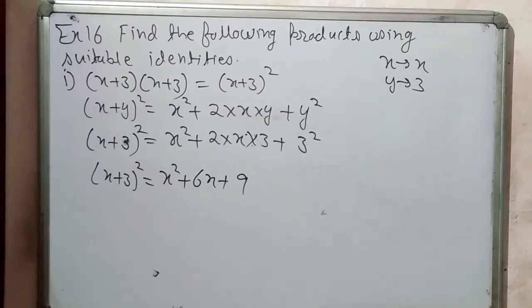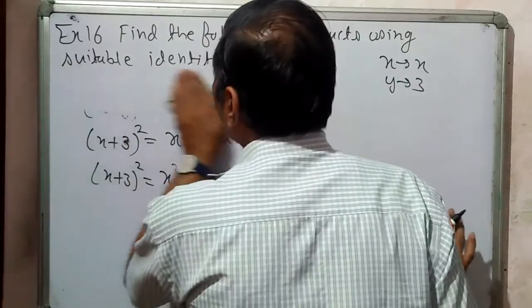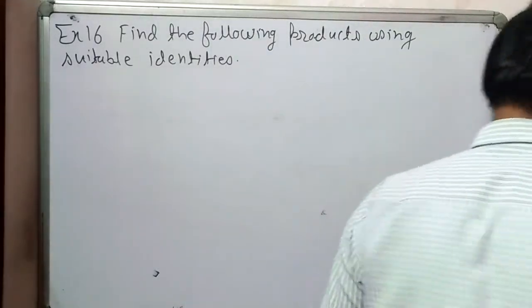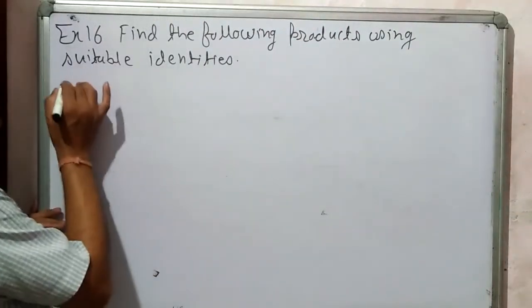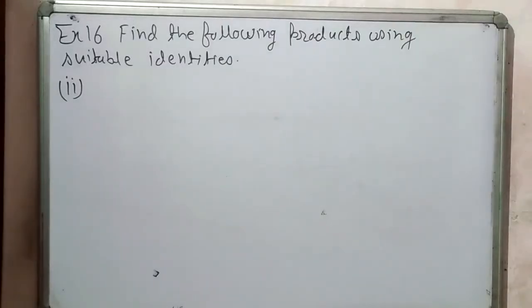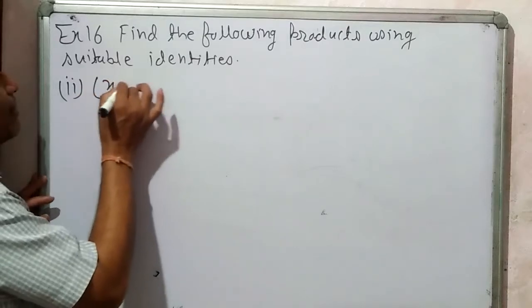The second part of this example is again related to an identity. Let us identify this. The second part is given as (x minus 3) multiplied (x plus 5).